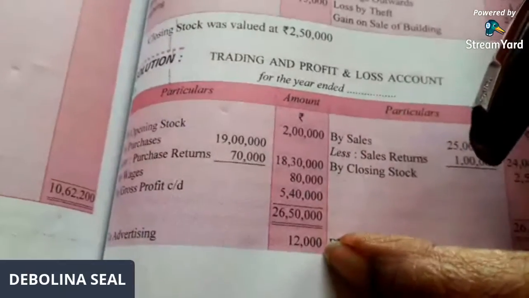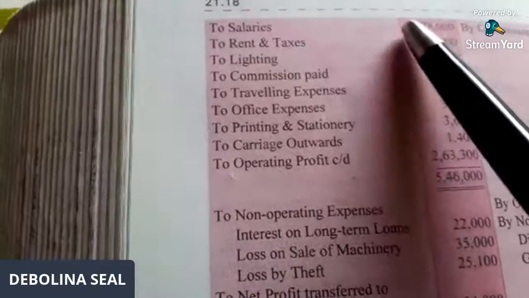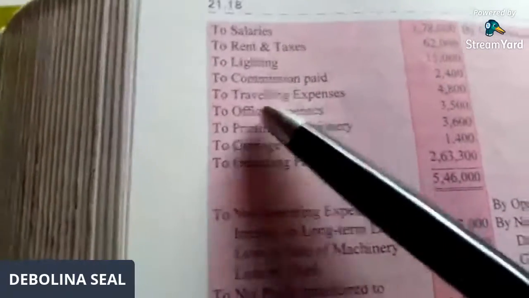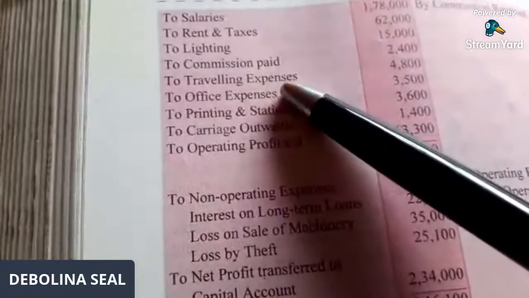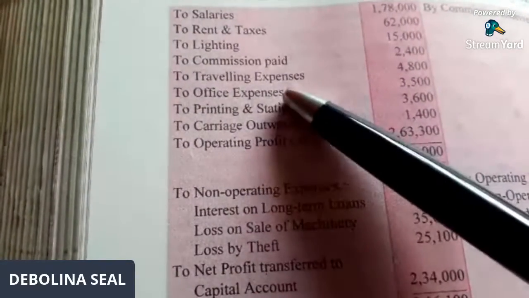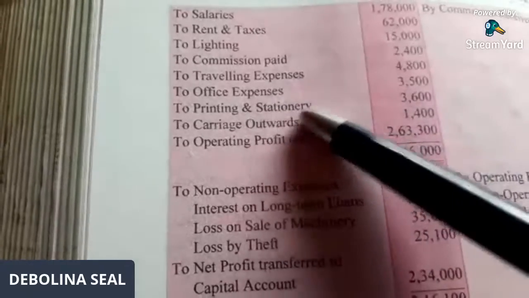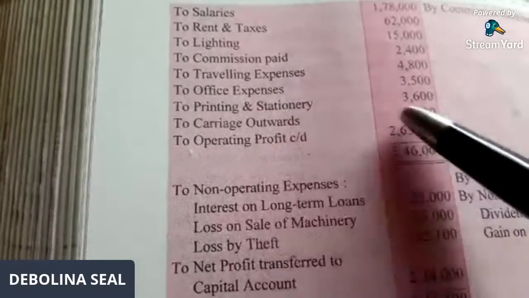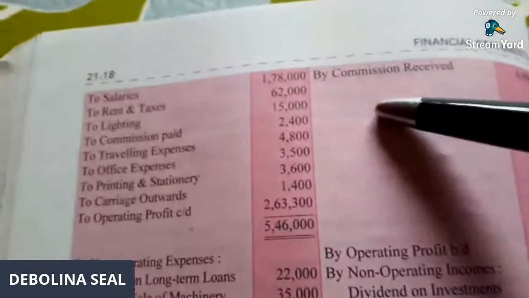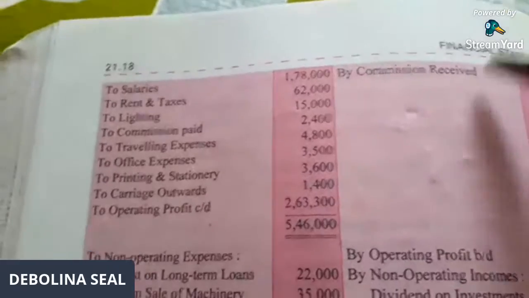First expense is advertising, next expense is salaries, rent and taxes, lighting, commission paid, traveling expense, office expense, printing and stationery, carriage outward. So these all expenses have come under the operating expense, and only one item was there, commission received, operating income.